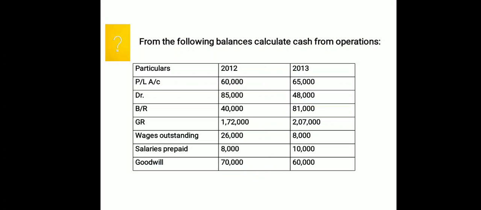Okay, so I am saying adjustment for changes in current operating assets except cash and cash equivalent. And at the same time we need to adjust current operating liabilities, and there also we say except bank overdraft.